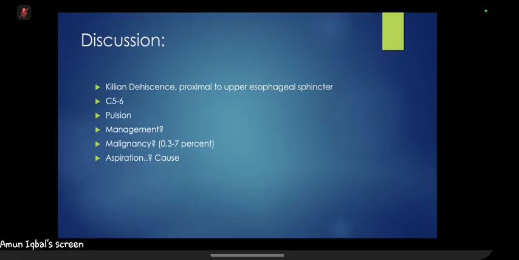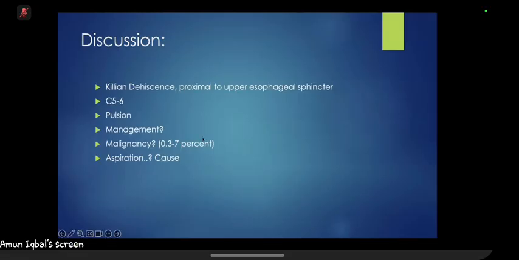The traction diverticula are usually associated with scarring, with granulomatous inflammations, and even if malignancy is suspected, then it can also present in this manner. And if the patient is having autoimmune diseases like scleroderma, any other problems, then this can also cause diverticulum formation.